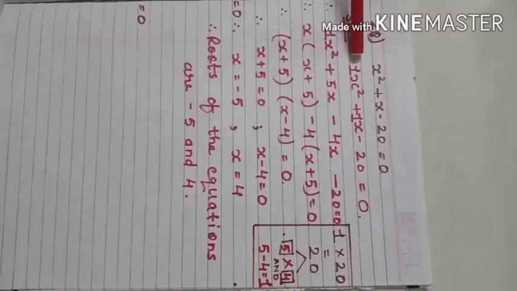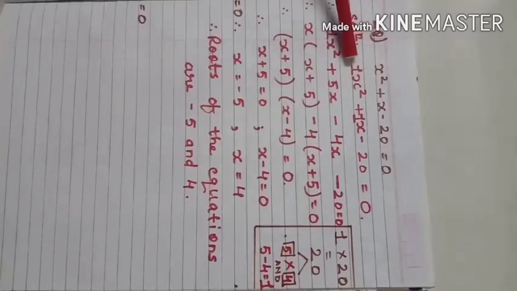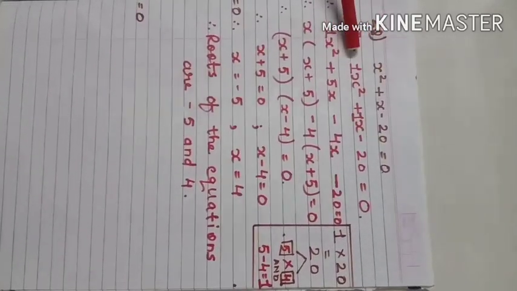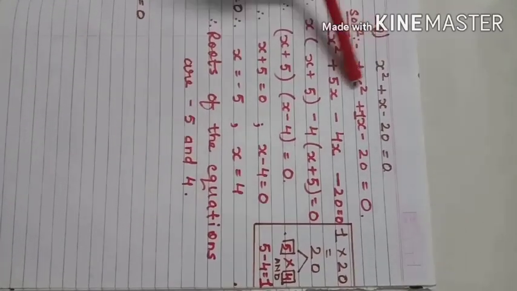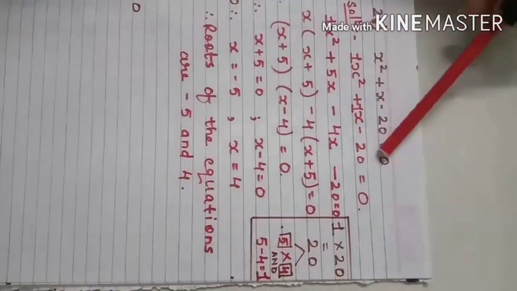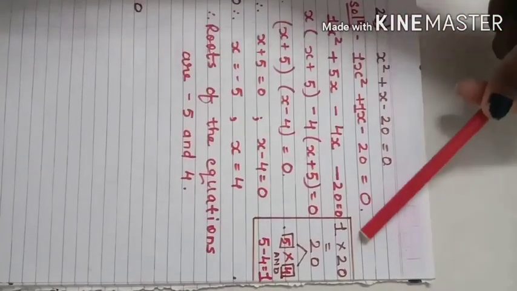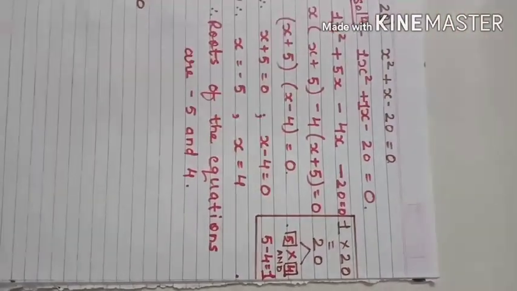I have written in a standard format. As there is nothing here, I can write 1 for assumption, for easy understanding. Our second step says that we have to multiply our first and the last term. As there is 1 and 20, I have made a small box, 1 multiplied by 20.